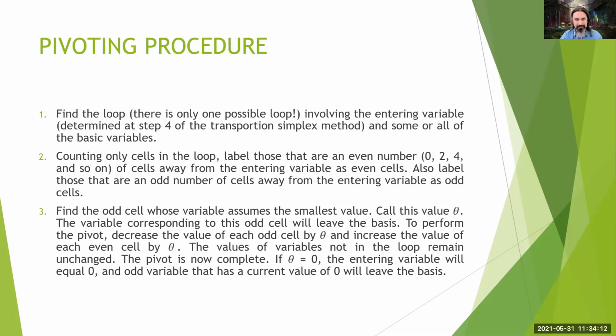You will see what I'm talking about in the example clearly, but still, there is always an even number of corners. So there will always be either 4 corners or 6 or 8 or 10 or 12, whatever, but still there will always be an even number of corners in the loop. So that we know that when a non-basic variable is entering, a basic variable will leave the solution with it.